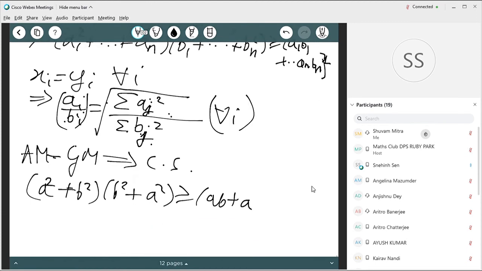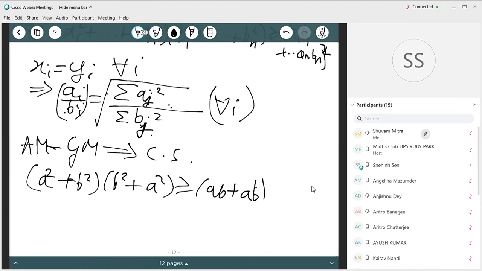Wait a second. And this would imply a square plus b square is greater than or equal to 2ab, which is AM-GM.